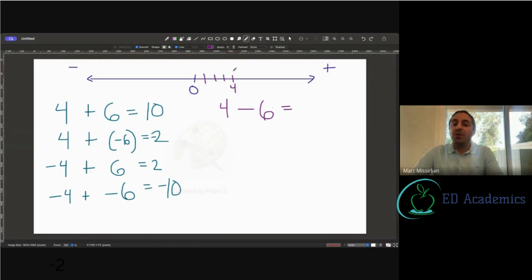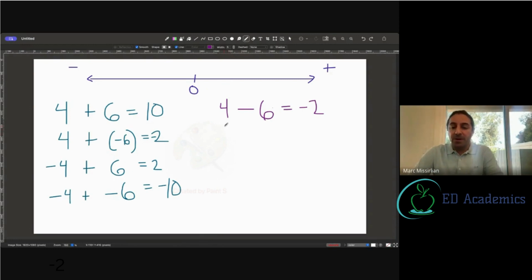And this time we're going to go left 6 steps and get to -2, because subtraction is to the left. Subtracting 6 is going left. So we say that 4 minus 6 is -2. Notice how 4 plus -6 and 4 minus 6 are both -2 because adding a negative is subtracting.